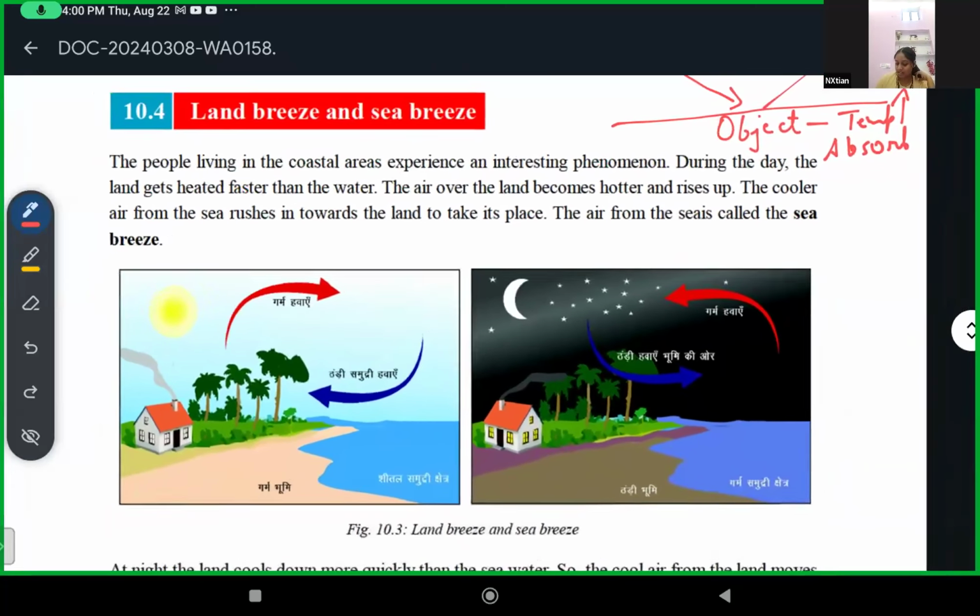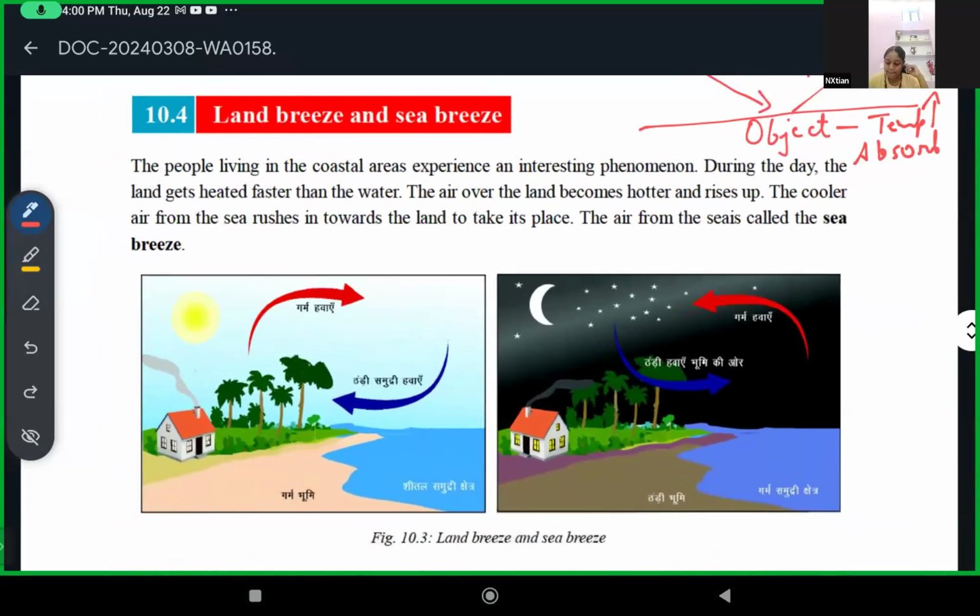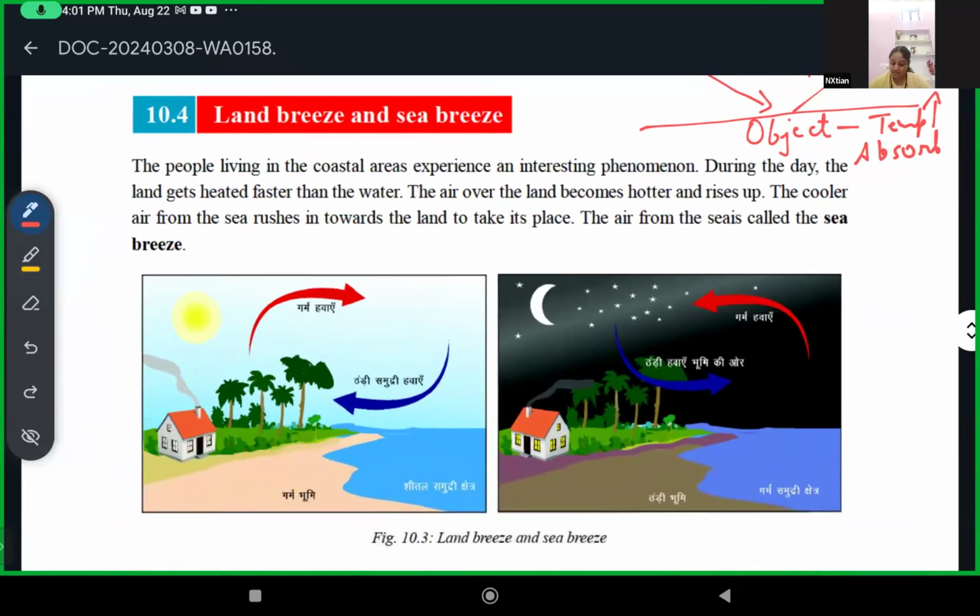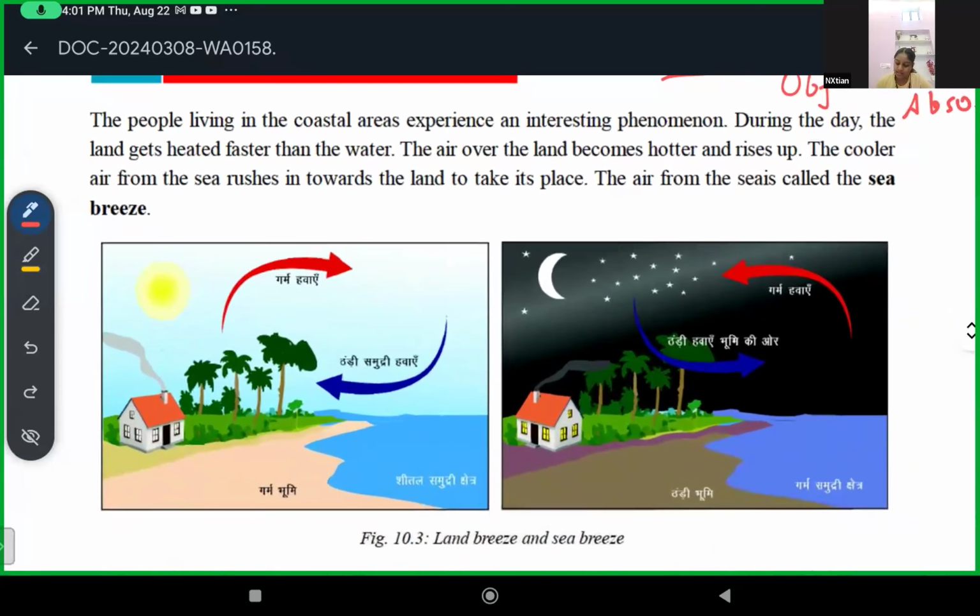Yes, so just like Anaya explained, during the day, the land gets heated faster than the water, because of the radiation from the sun. Because of the sun rays directly falling on the land, it becomes hotter, okay? And then the land base is also hot. So now what happens?